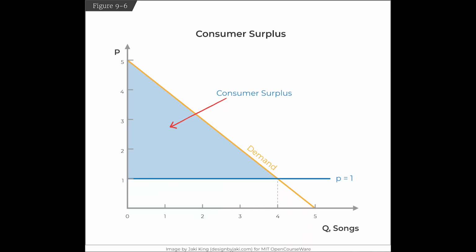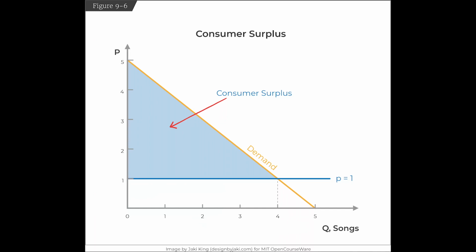So what does that mean? That means that when she buys the fourth Kendrick Lamar song, when she buys King Kunta or whatever, that is zero surplus. She was willing to pay $1 for King Kunta, and it costs $1. So she's done.